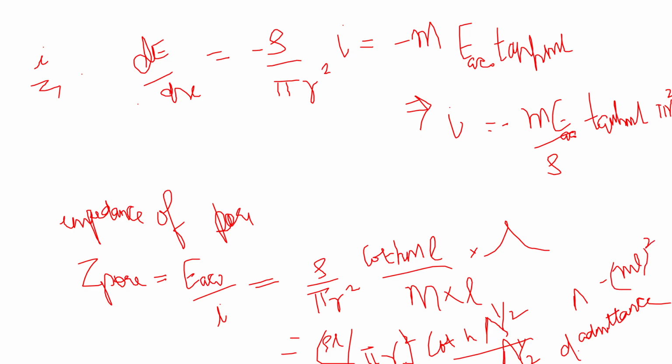Now this rho L by pi r square, I can again rewrite it, no, I'll just keep it like this. So this is the final expression for the pore impedance of a single pore. This value, rho L by pi r square, is nothing but resistance per unit length. Sorry, I'll not write over here, so I'll just rewrite what I wrote.